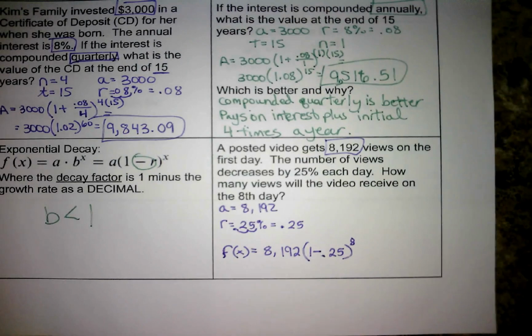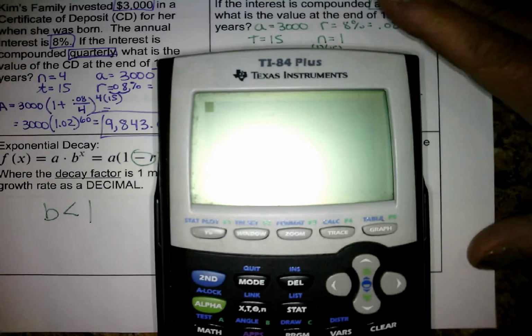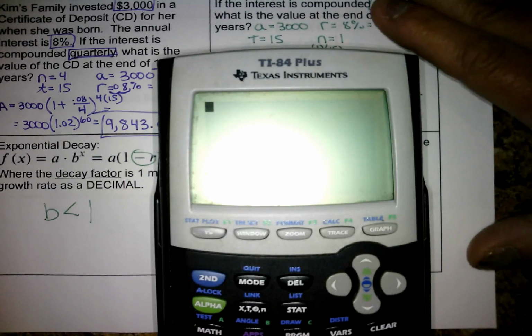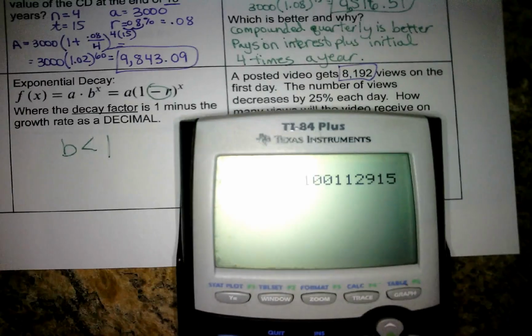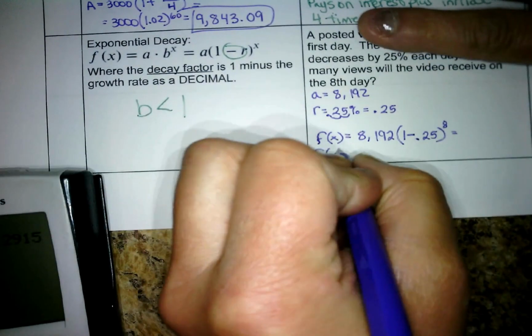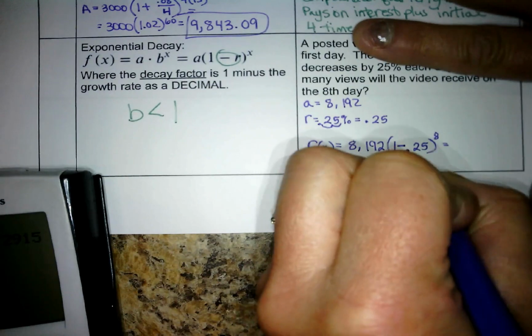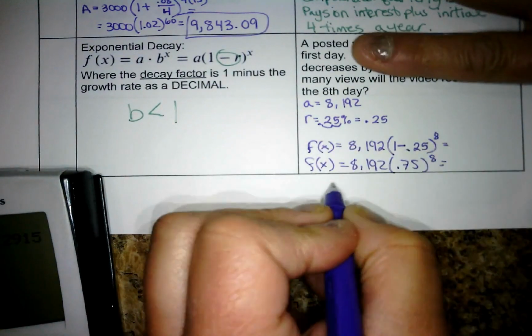So 1 minus 0.25 is 0.75, so 0.75 to the 8th power is 0.10011. So f of x equals 8,192 times 0.75 to the 8th power, which is 8,192 times 0.1001.